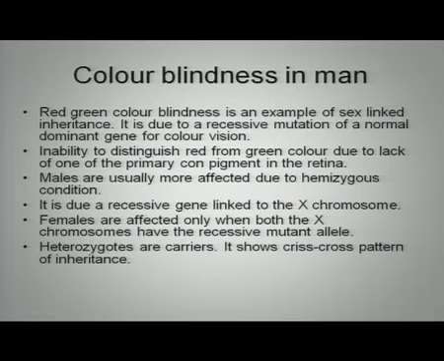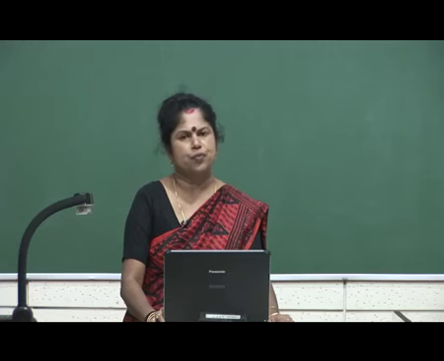So, it is also just like that of hemophilia. It is also an example of sex linked inheritance, X linked inheritance and recessive mutation. The mode of transmission of this affected allele is again in a criss-cross pattern or in a zigzag manner, from female to male and from male to female.